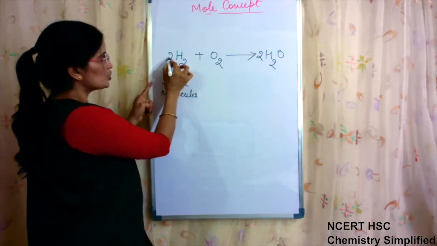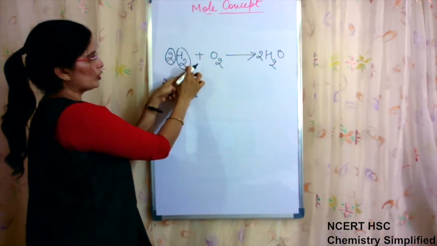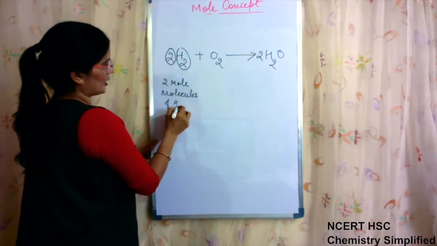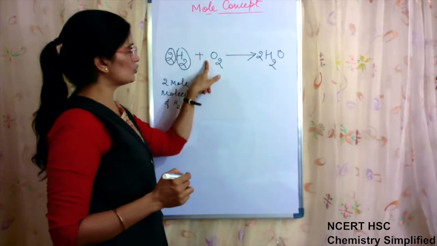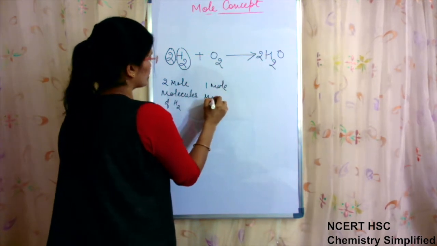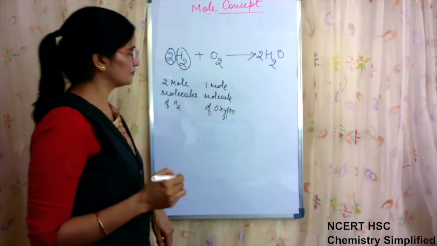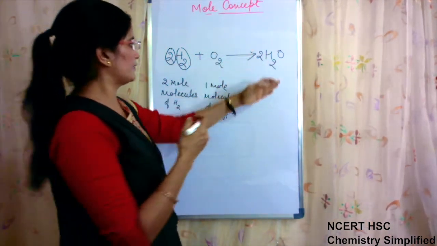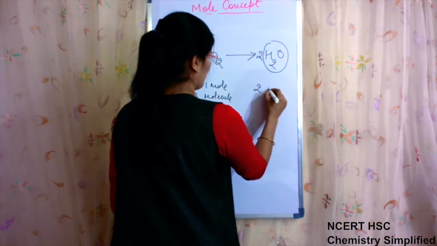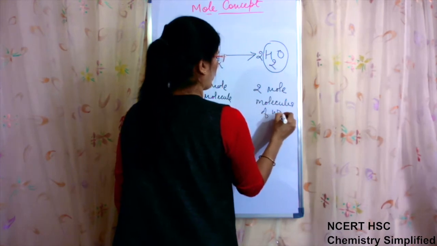So we have to say 2, because this coefficient here is 2 and H2 is a molecule, so 2 moles molecules of hydrogen, H2. Here the coefficient is 1, nothing is written, means 1 mole molecule of oxygen, gives, on combining gives, this is molecule of water, 2 mole molecules of water.